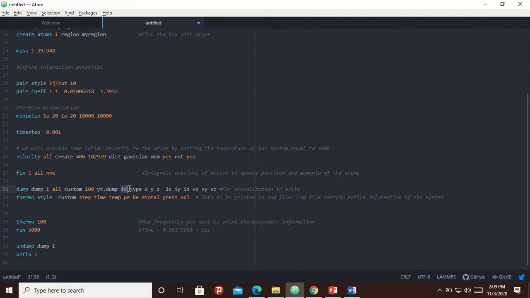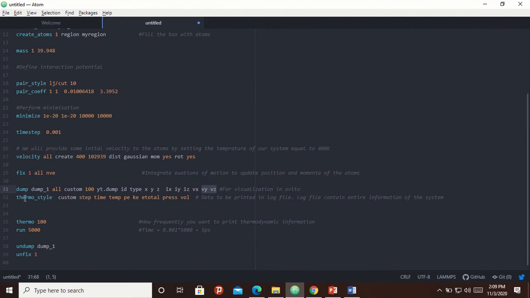And now comes the atom ID, the type of atom, and x, y, z are the positions of the atoms. ix, iy, iz are the image flags, and vx, vy, vz are the velocities of the atoms in x, y, and z directions.